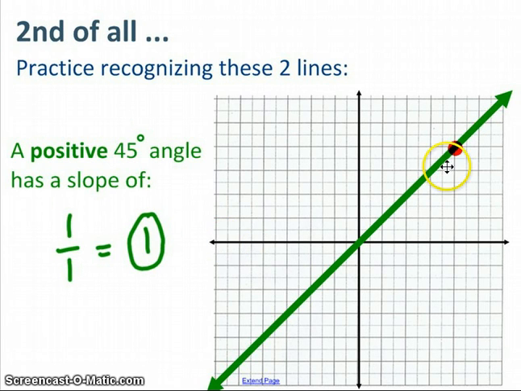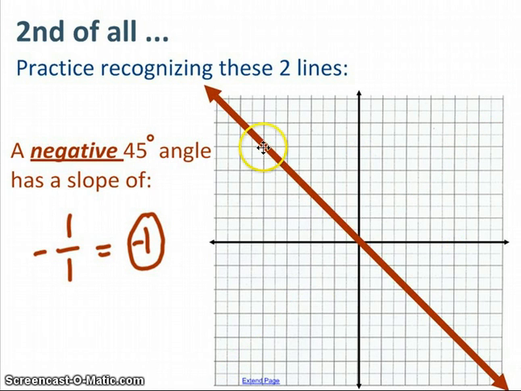Why? Well, pick any point on the line. Let's say that point. The x and y coordinates for that point are going to match. And so you're going to have a slope of 1 over 1. So this positive 45-degree angle has a slope of 1.